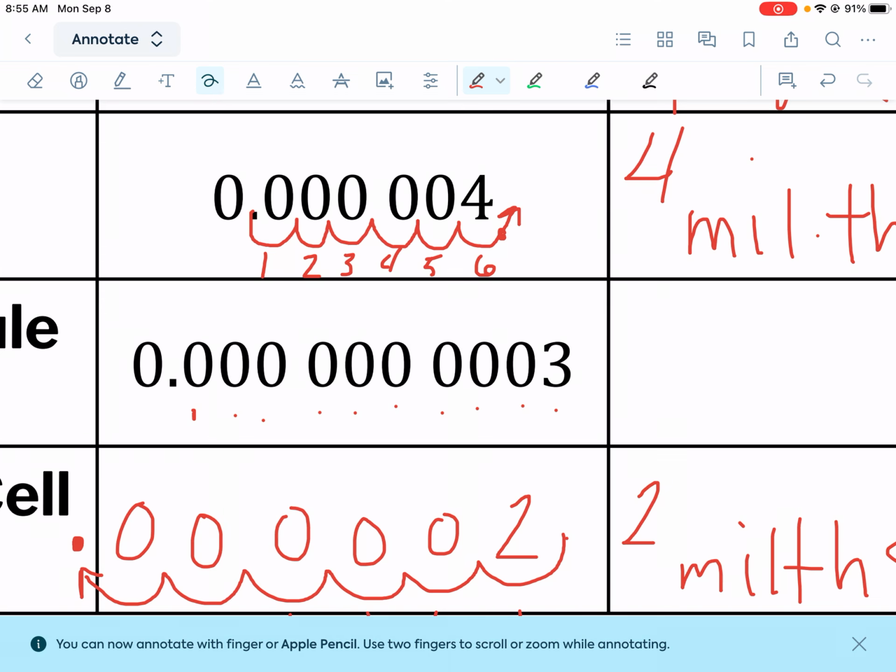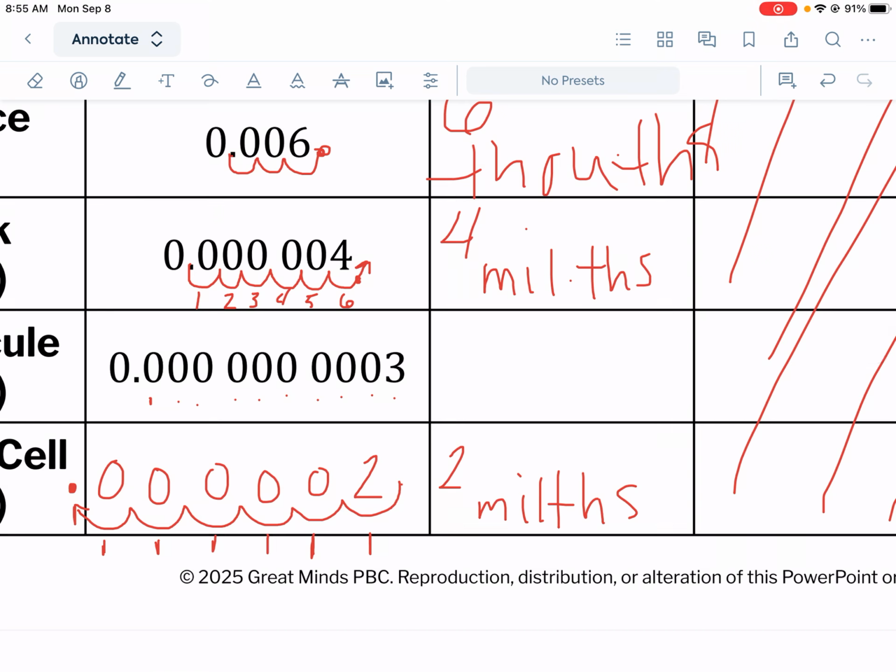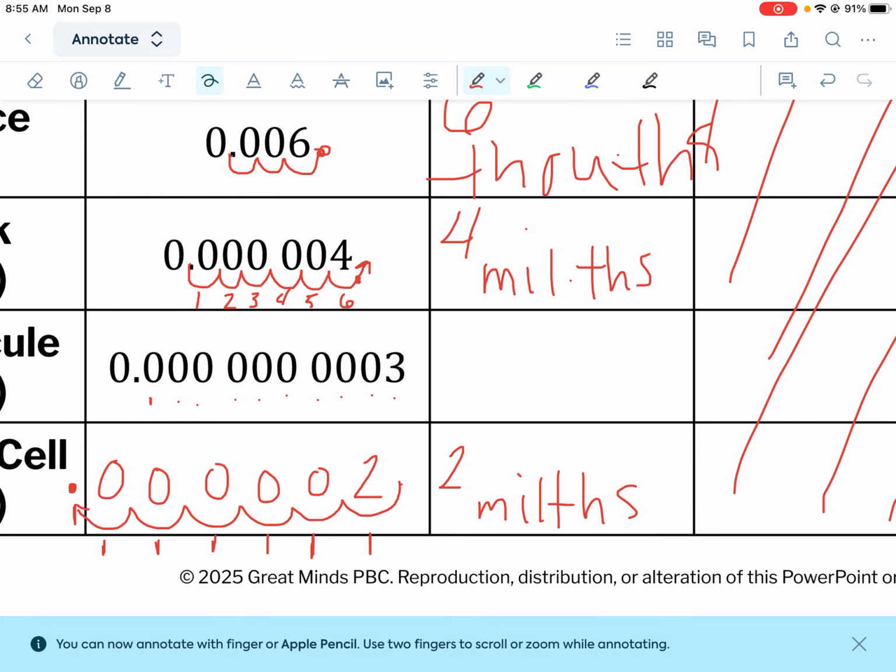So that 3 sits at the 10 billionths place. Now really you can note that as 30 billionths, but just for the sake of practicality, 3 10 billionths. Put that THS on the end. Don't forget that.